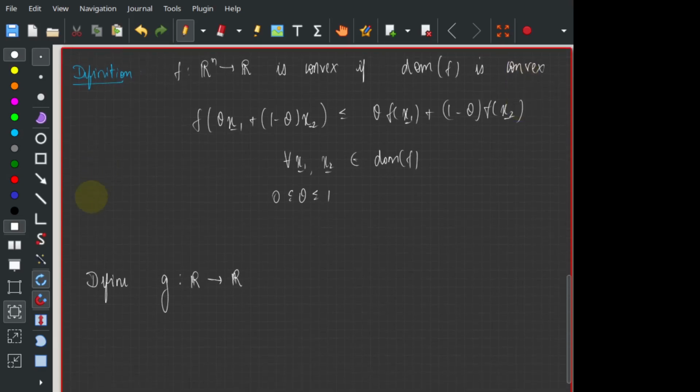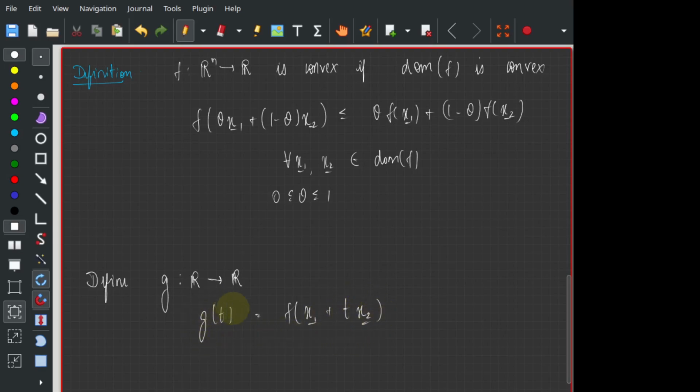So for a given f, we'll define this new function g, which is simply, g of t is going to be f of x1 plus t times x2.